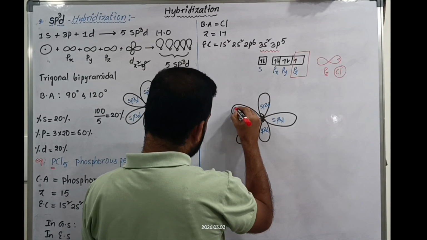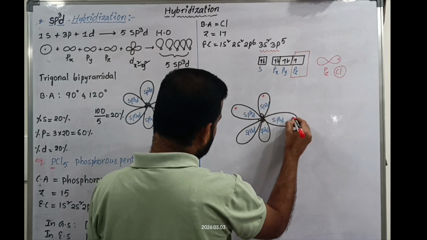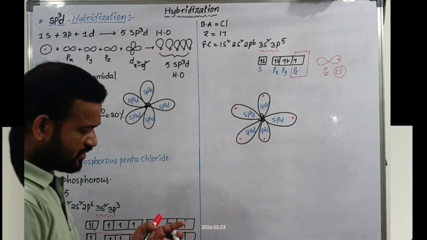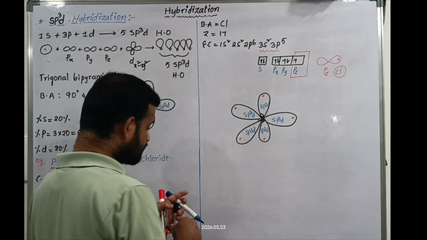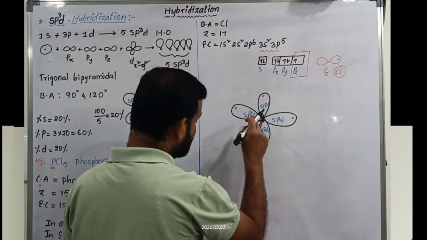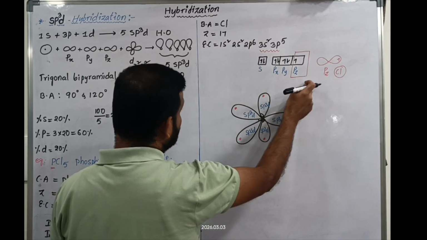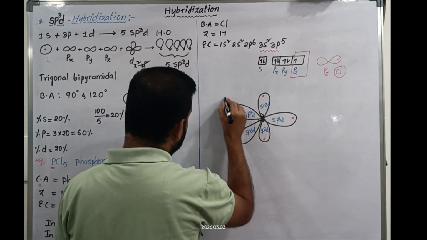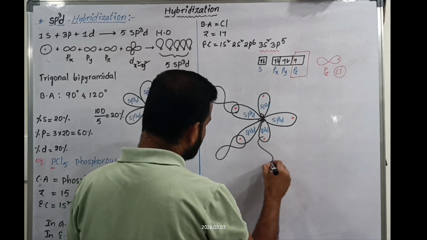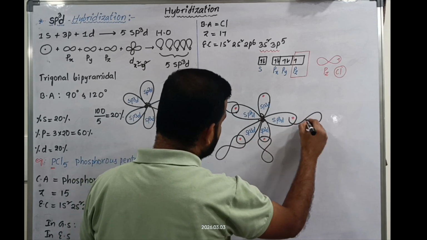Here I am taking electrons as dots. So this one unpaired electron of the sp3d hybrid orbital of phosphorus overlaps with the pz orbital of a chlorine atom to form a sigma bond.